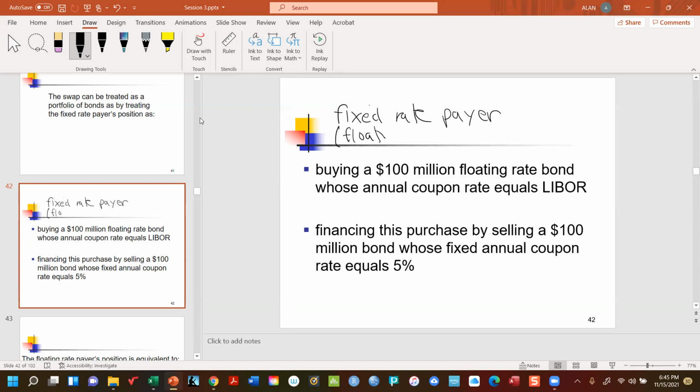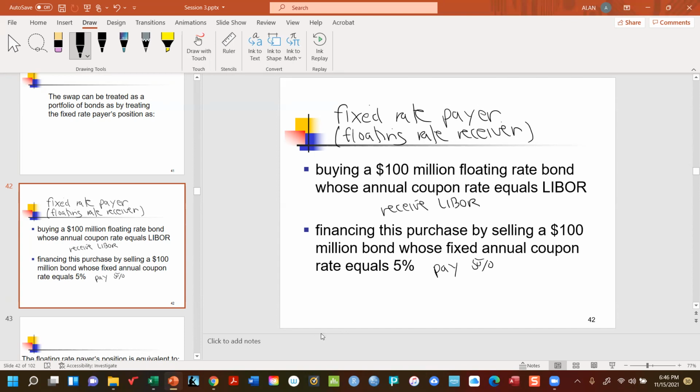All right, remember, this is also a floating rate receiver. Now, they're paying for this bond by selling, we're assuming that this is possible, a $100 million bond whose fixed coupon is 5%, which means they have to pay 5%, and they will receive LIBOR every 6 months, or in this case, every year.